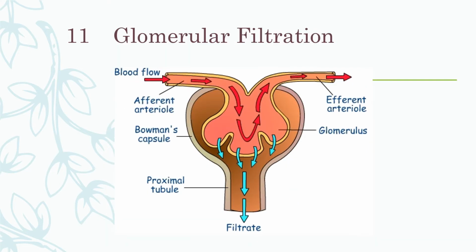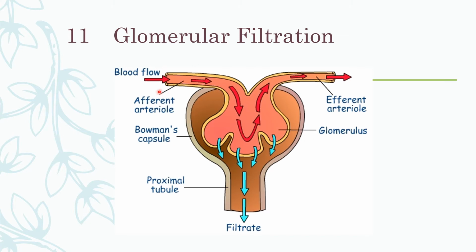Okay, so let's start with glomerular filtration. Okay, so again, components to look at. So you've got the afferent arteriole, which is going to bring blood in. I have the glomerulus, which we said was kind of this ball of yarn of vessels. And then I have the efferent arteriole, which is going to take blood out. Okay, all of these things are going to take place within Bowman's capsule.